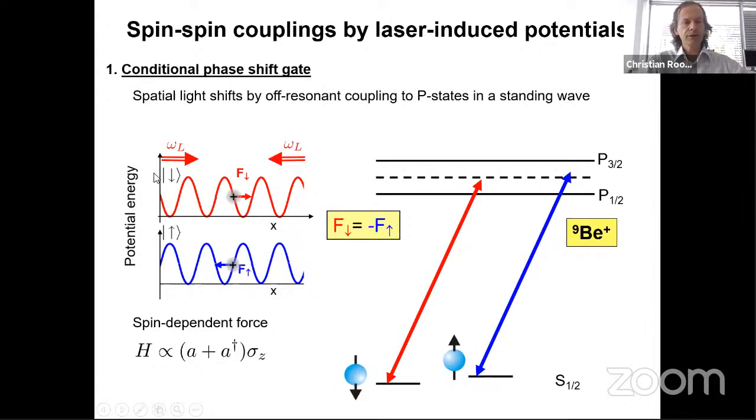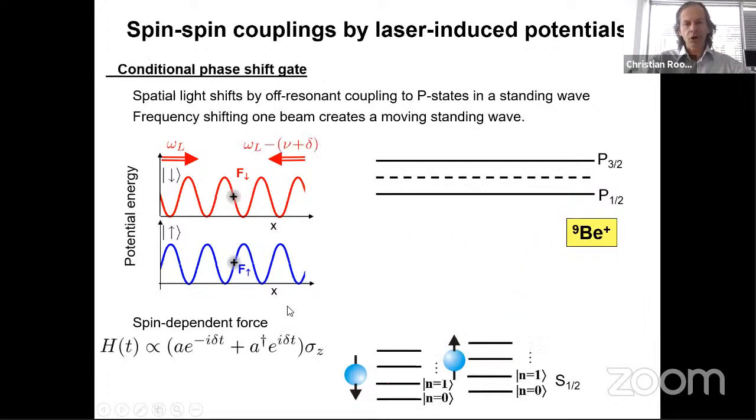And so you have here one standing wave if the ion is in one state, and maybe a standing wave with the opposite sign, or which is phase shifted in space, if the ion is in the other qubit state.